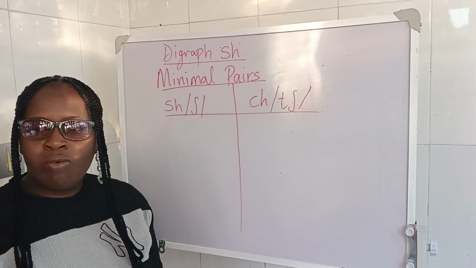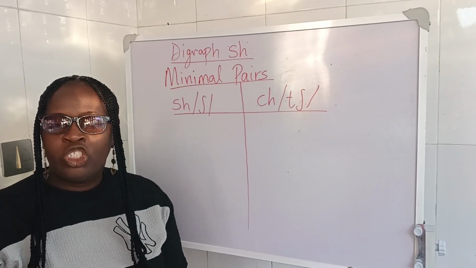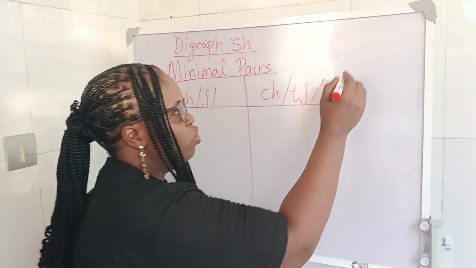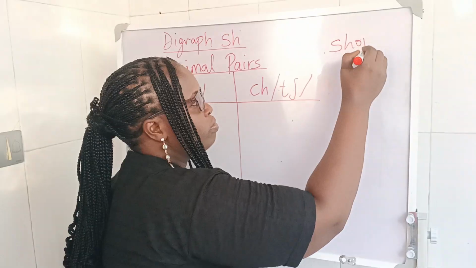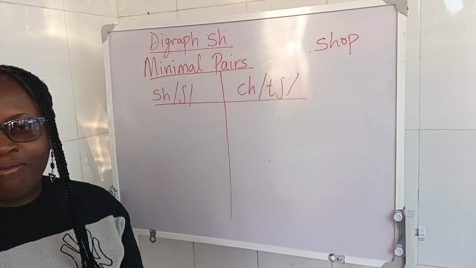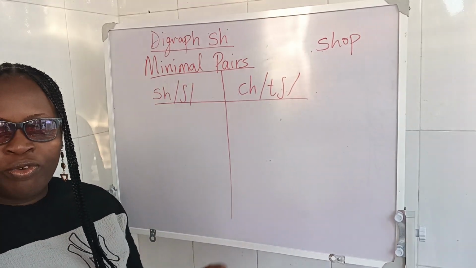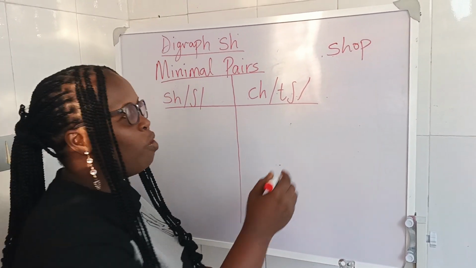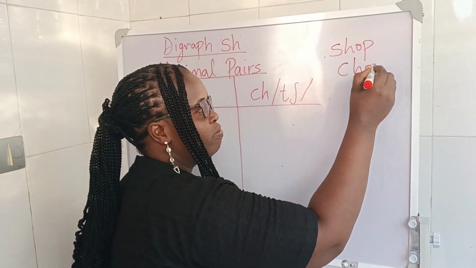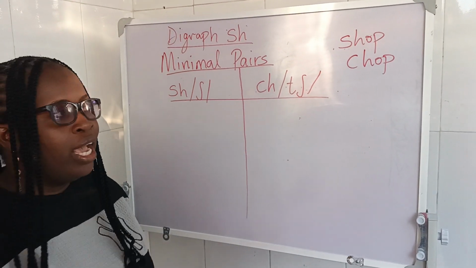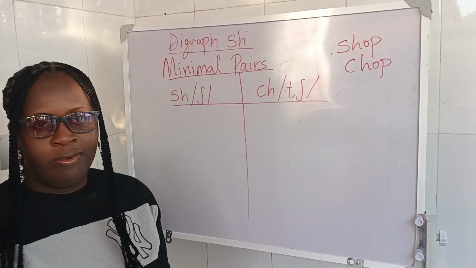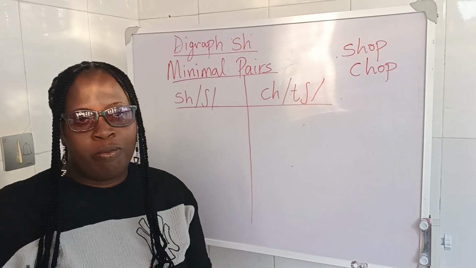Take, for instance, someone wants to say shop, S-H-O-P, shop. And the person will likely hear the word chop. But what he had in mind to say is shop, and he's saying chop.